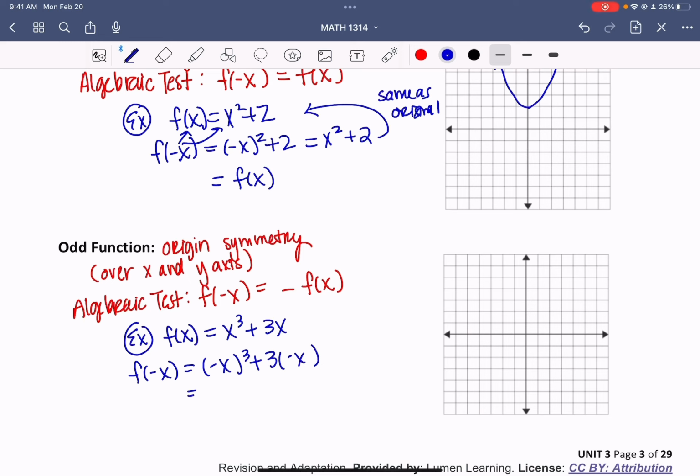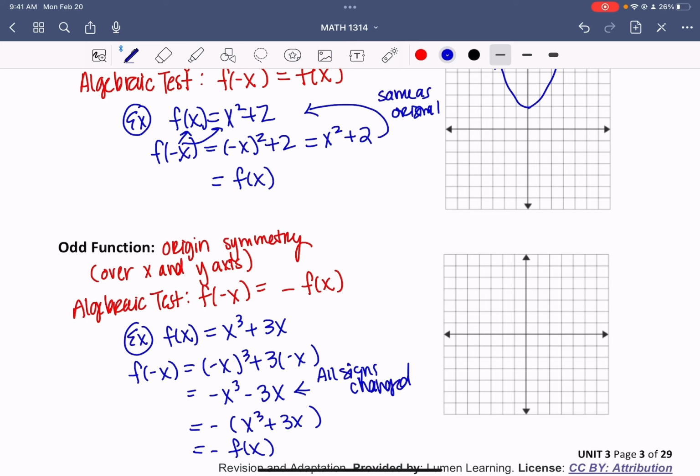Cleaning that up, when I cube the negative x, it just gives me negative x cubed minus 3x. So we can see here that all the signs have changed. Note, I can pull a negative out. It gets me x cubed plus 3x.